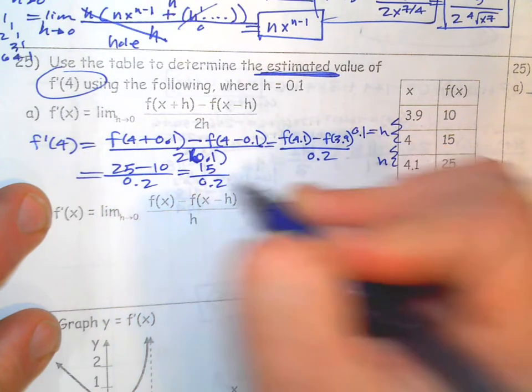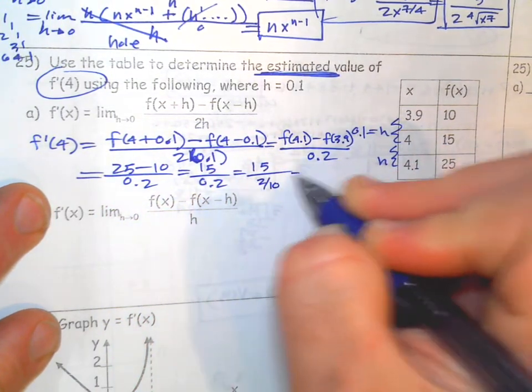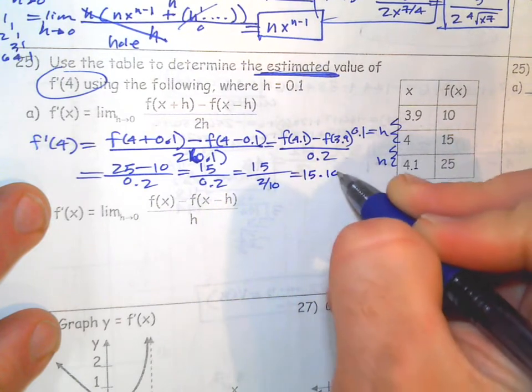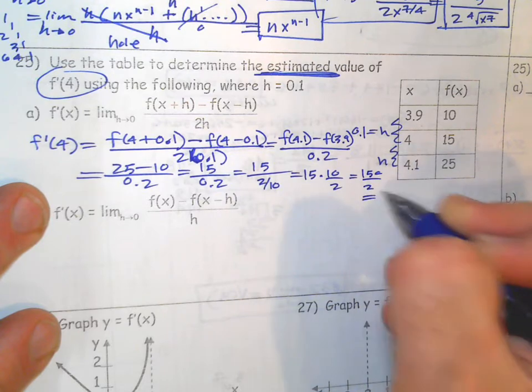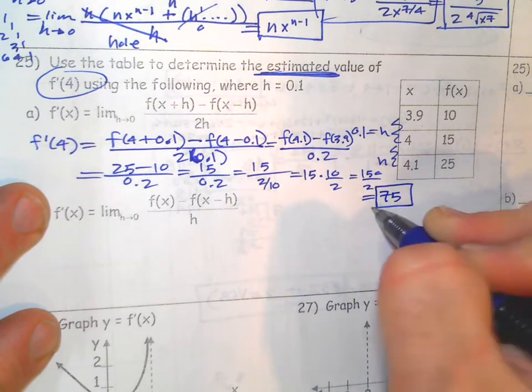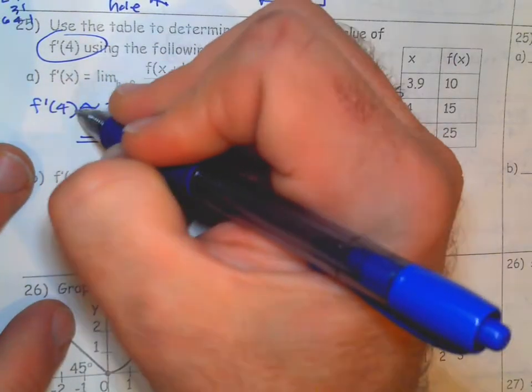Now, some people have trouble with this. It's the same thing as 2/10, right? So multiply by the reciprocal. So that's 150 over 2, which is 75. Came out nice.